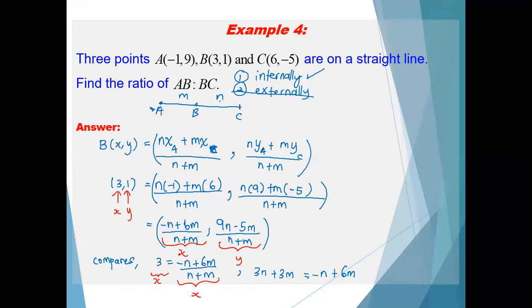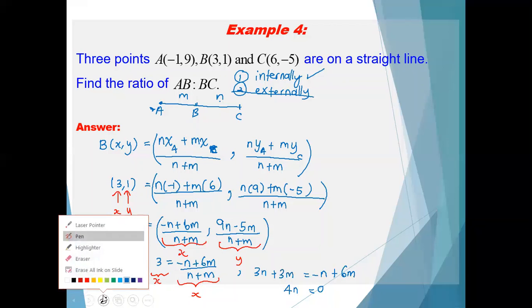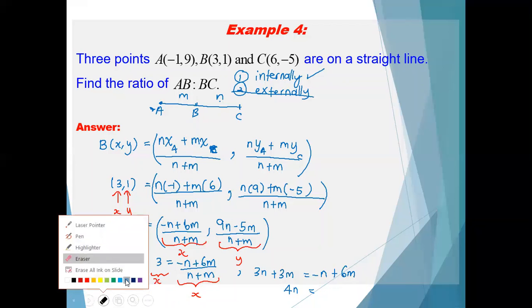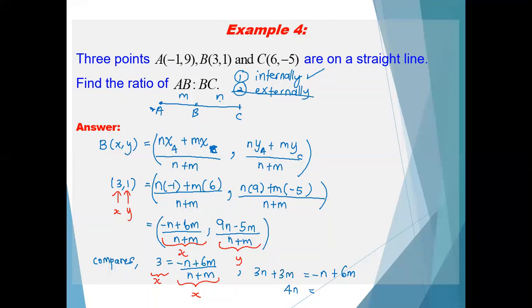So 4N is equal to 3M. So what is M over N?